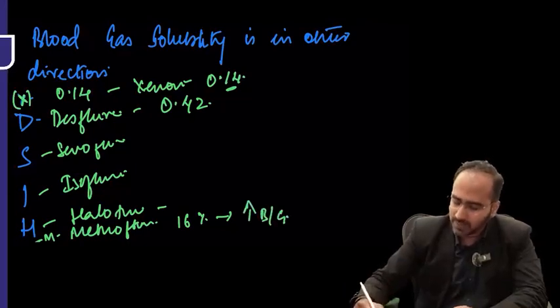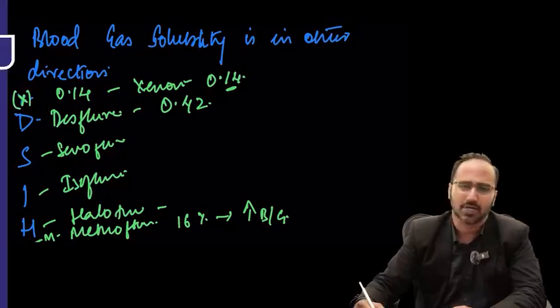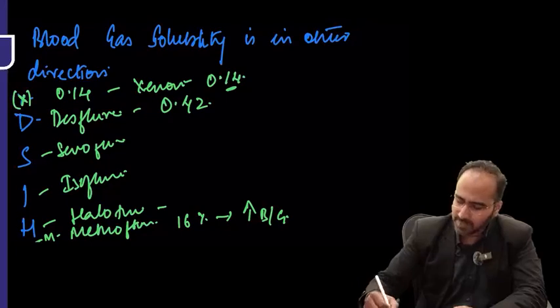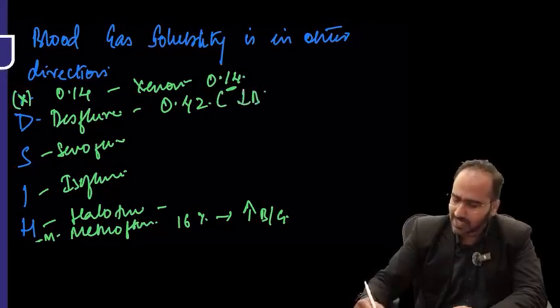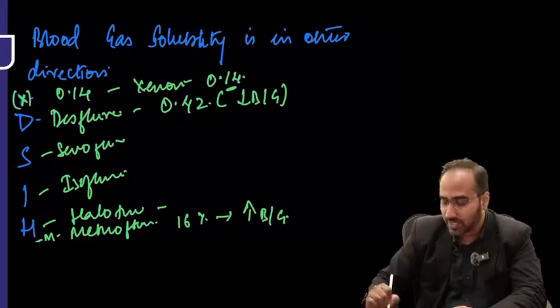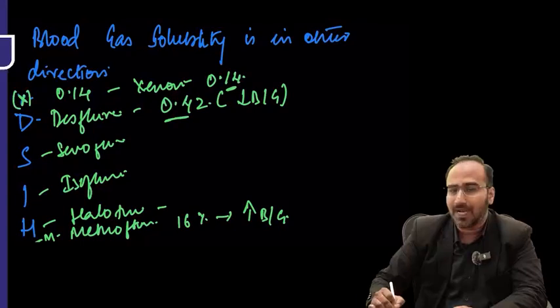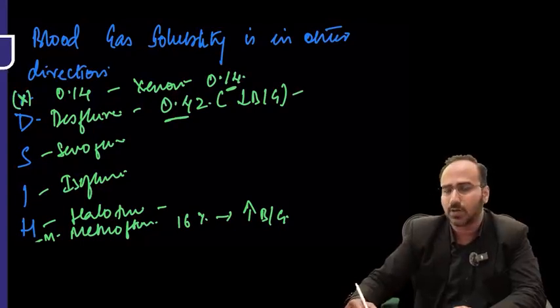The low blood gas coefficient is seen with xenon, but again guys, xenon is not used nowadays as an inhalational agent. Xenon is an inert gas, we are not using xenon nowadays. Okay? So you have to remember the low blood gas coefficient is seen with desflurane. Low blood gas means fast onset or slow onset?